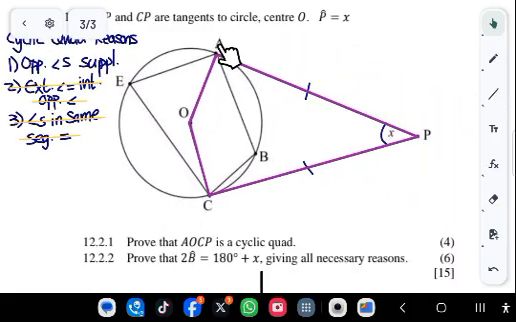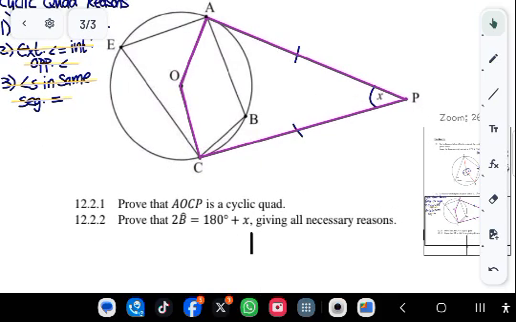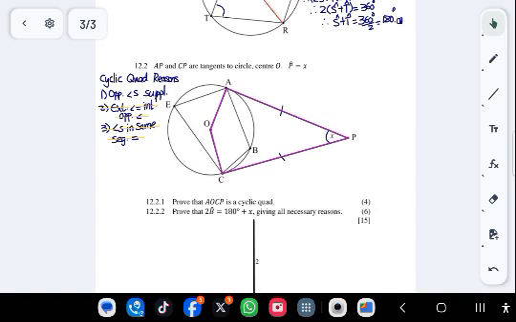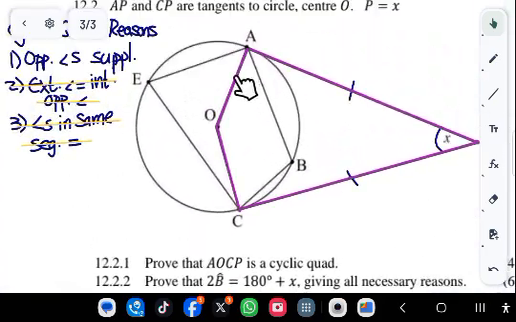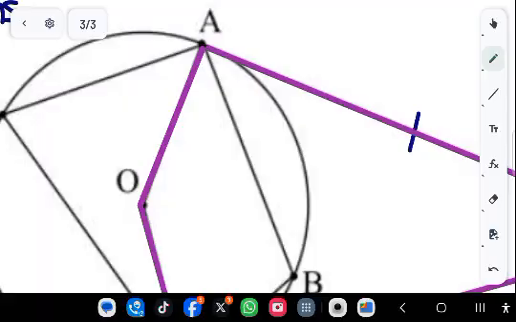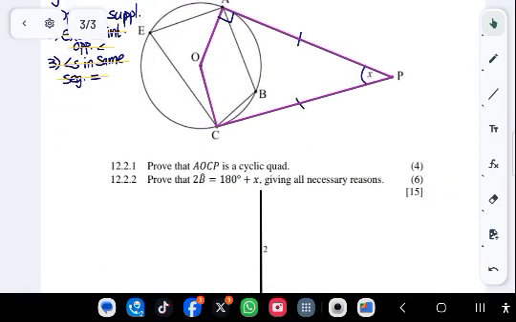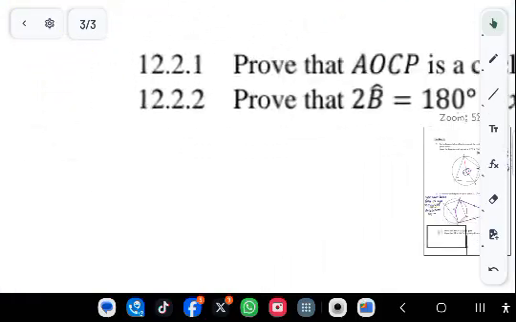Notice that OA is the radius and AP is the tangent. So we start with that. We start with the fact that these are tangents, so this angle OAP is equal to 90 degrees.